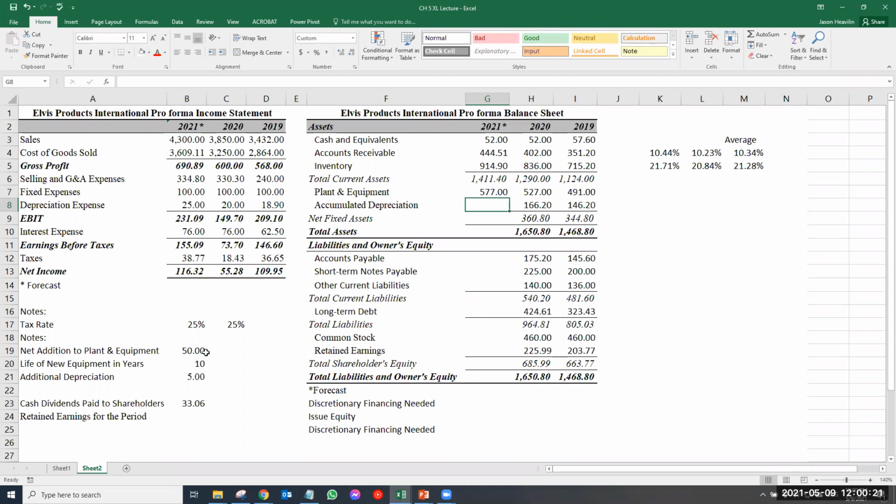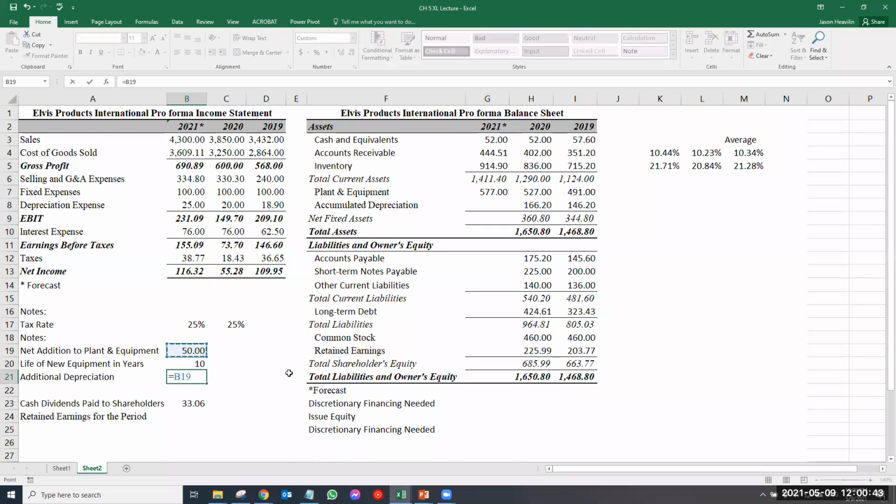Accumulated depreciation. Well, the additional plant and equipment was 50. This is in thousands, so 50,000. And they say it's going to last for 10 years. So this here is an additional depreciation. And since it's not specific, we'll assume straight line.